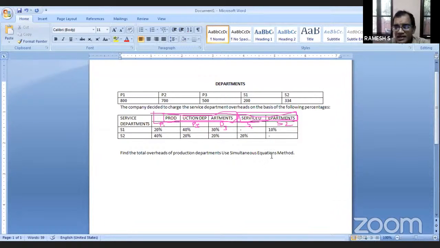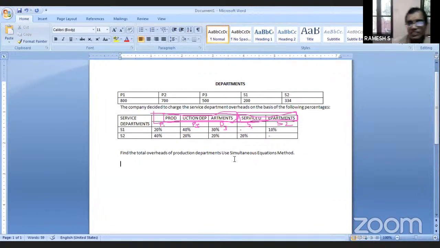But in case of indirect expenses, it requires additional exercise on the part of the management to apportion the expenses to various production departments. So in yesterday's class, we have learnt about the redistribution method, how to redistribute service department expenses to production departments, that is apportionment of expenses.